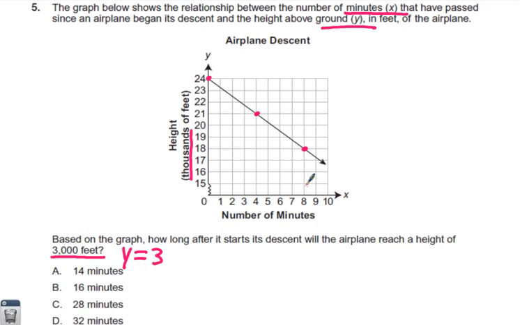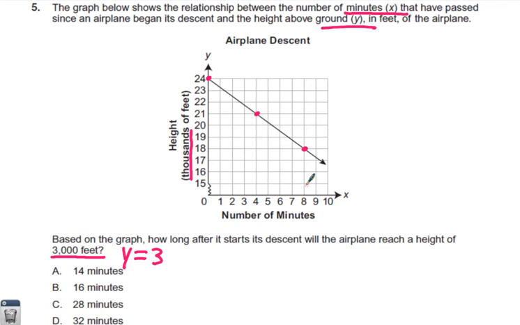So that's one way to do it, just let that play out. Keep going down 3 over, like how many more times would we have to go down 3 from 18 until we got to 3, and then how many times would that have meant we went over 4?